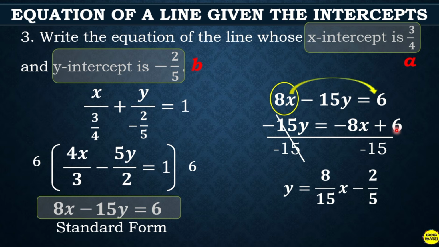Pwede siya i-divide pareho by 3. 6 divide 3 is 2. 15 divide 3 is 5. So, 2/5 tayo dito. Positive, negative, kaya siya negative dito. So, minus. Okay? So, therefore, the equation of the line in slope-intercept form is y equals 8 over 15x minus 2/5 if the given x-intercept is 3/4 and y-intercept is negative 2/5.